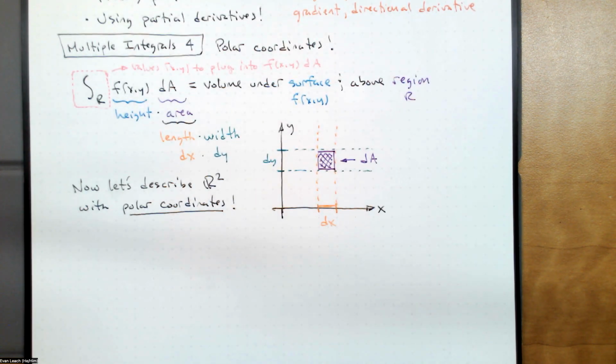So in polar coordinates, instead of describing a horizontal distance and a vertical distance, we describe one distance and an angle.